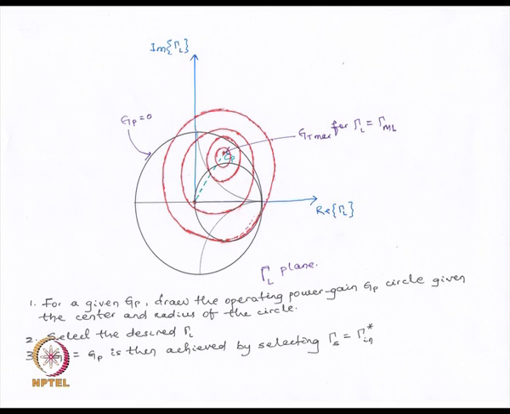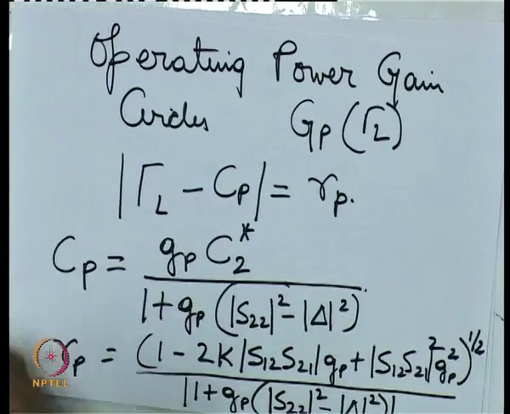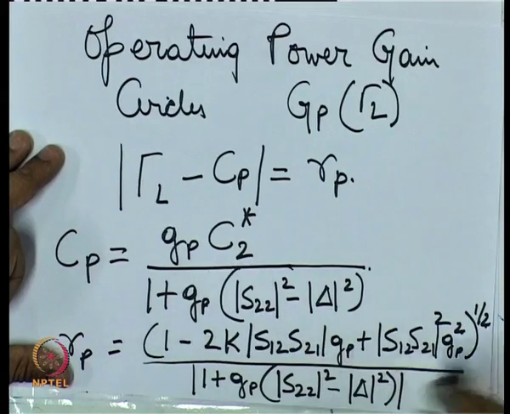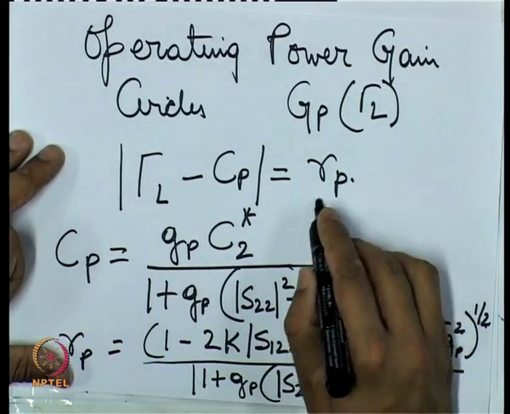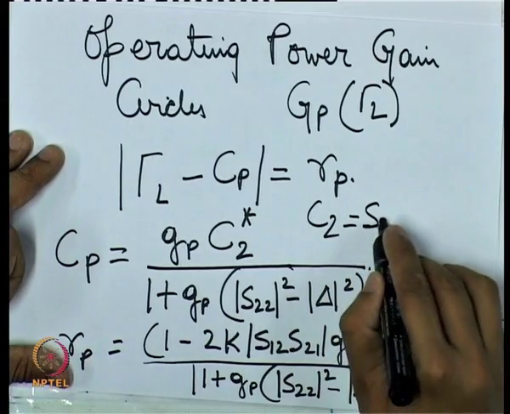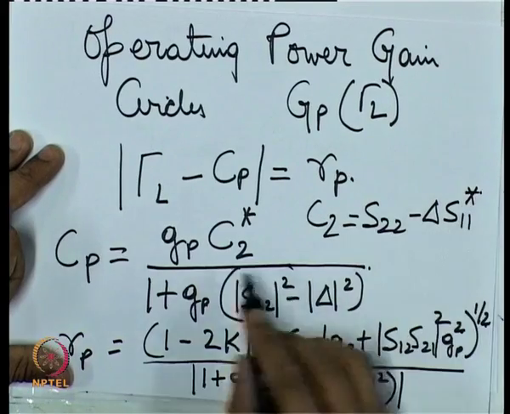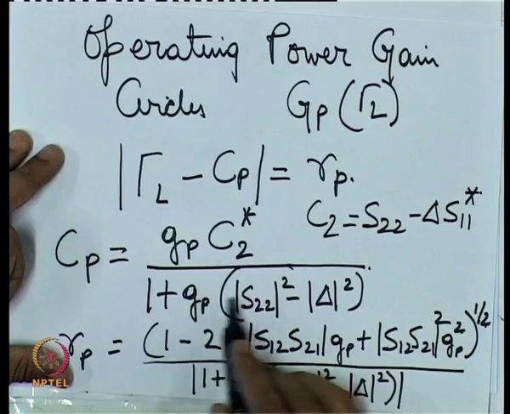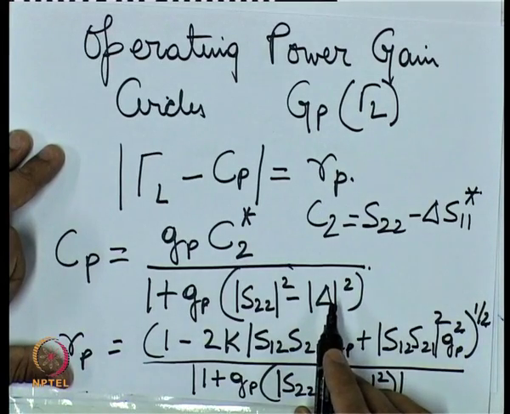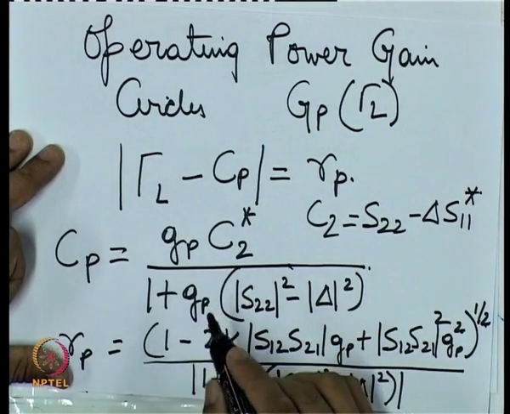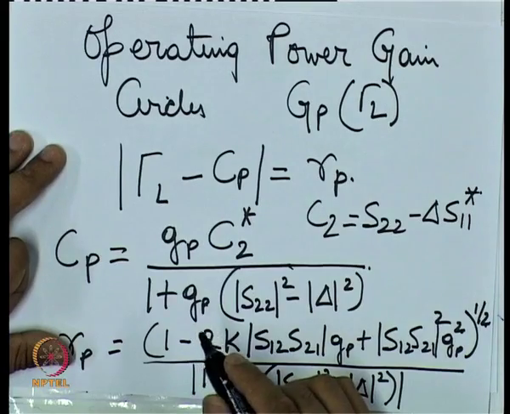As we see, all the centers of all these circles are collinear, because Cp is given by this expression, and the value of this C2 is given as S22 minus delta S11 star. This is a vector quantity, the others are scalar quantities, and therefore all the centers of all the operating gain circles will lie on a straight line.